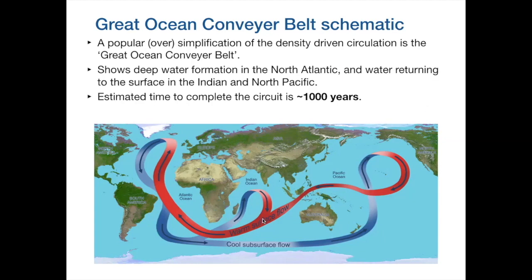We have surface water, the red ribbons, coming up in the North Atlantic, sinking in the North Atlantic and becoming bottom water, the blue, and then flowing around into the North Pacific, coming back up, flowing into the Northern Indian Ocean, and coming back up. So this is a highly simplified but relatively informative schematic. On average, it takes a water parcel around 1,000 years to complete this cycle. So that could be considered the stirring time of the ocean.